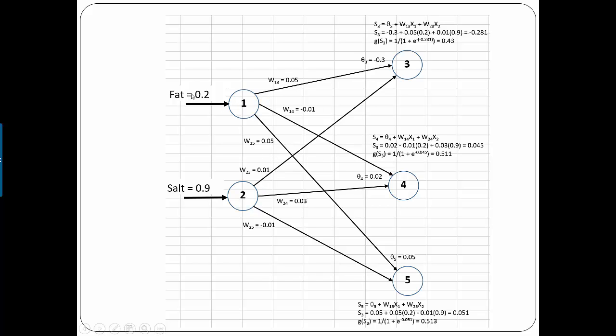So multiply the input value with the weight, and then add the bias to it. Remember, the bias was 0.3, and when you add the weighted inputs, what you get is an S function. Then you take the S function and convert it into an output value.